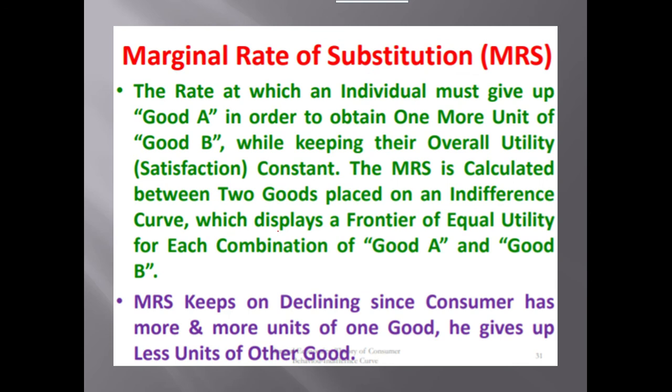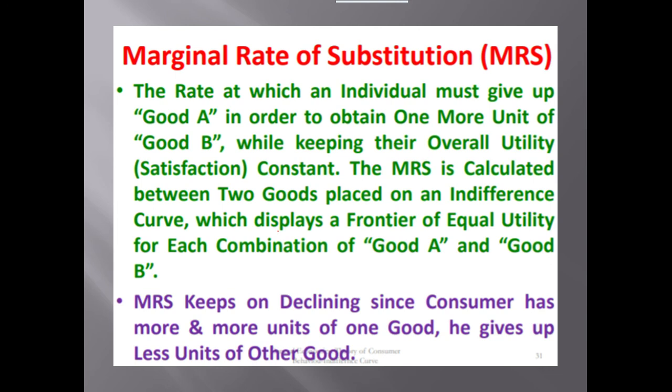What is the slope of the indifference curve? The slope of the indifference curve is the marginal rate of substitution, the rate at which an individual must give up good A in order to obtain one more unit of good B, while keeping their overall utility satisfaction constant. Means we are now moving along the indifference curve.